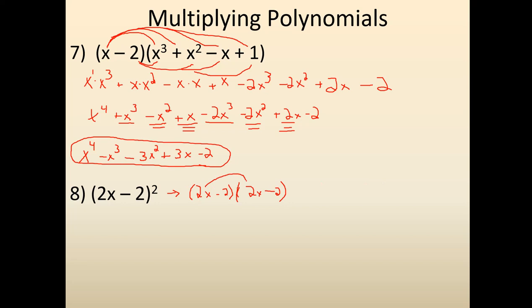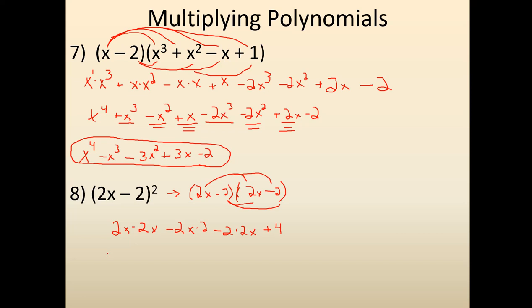So again, going through all the terms, 2x times 2x, minus 2x times 2, minus 2 times 2x, plus 4, because I know that.